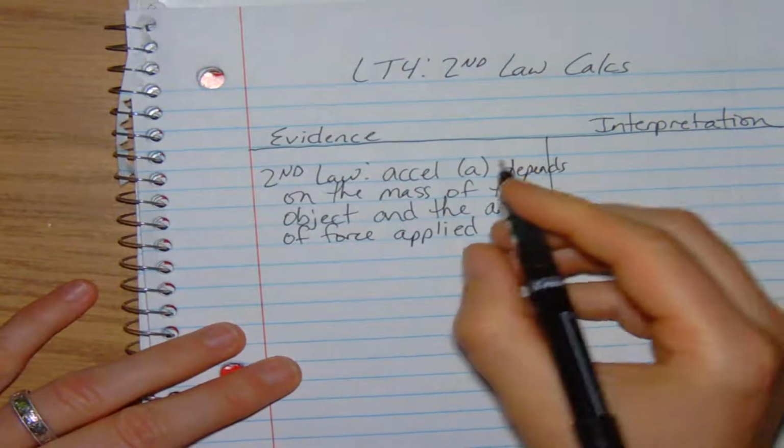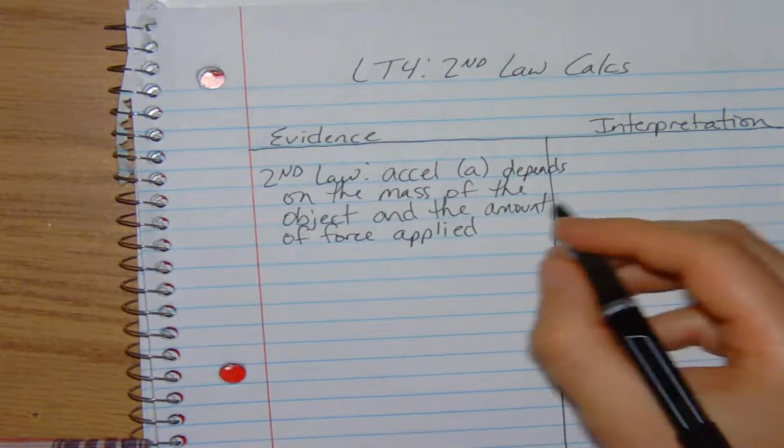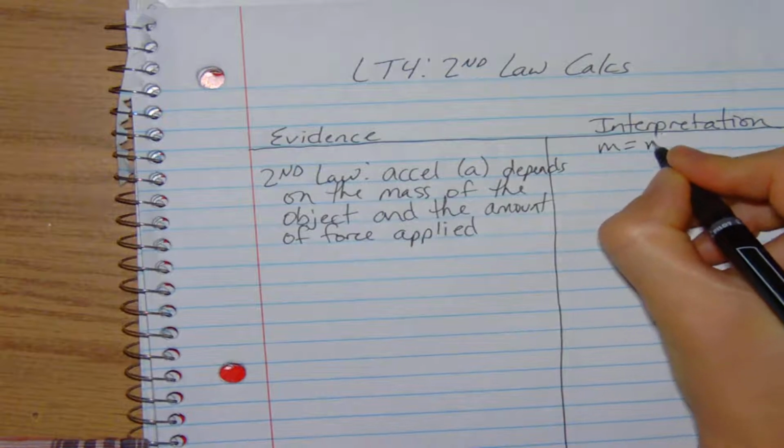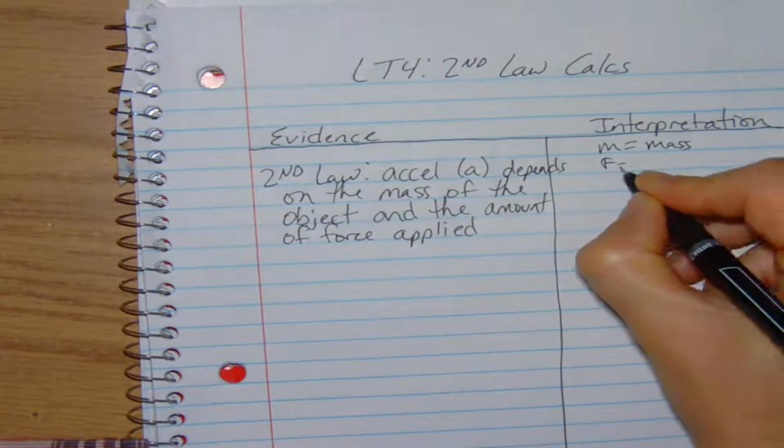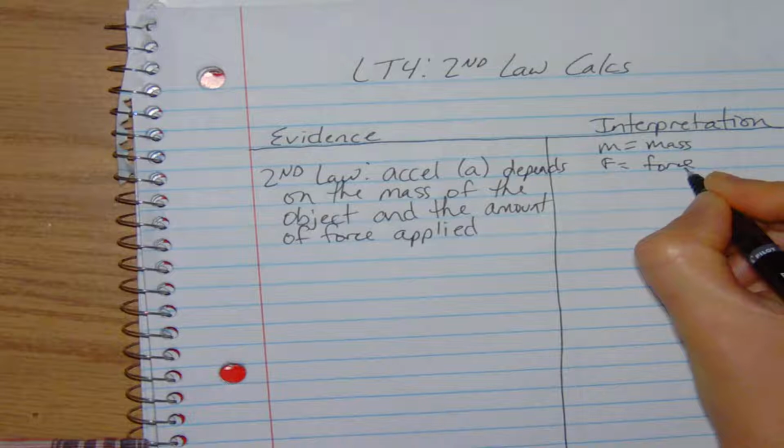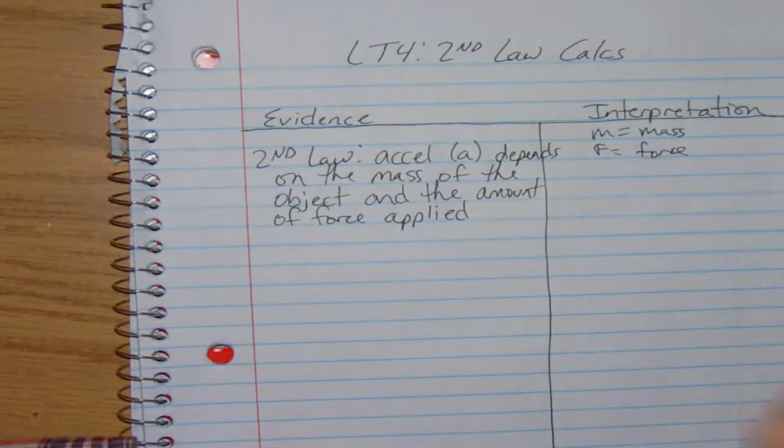All right. So hopefully we know that A is acceleration, the m is the mass, and then the F is the force. Okay, we probably already know that.